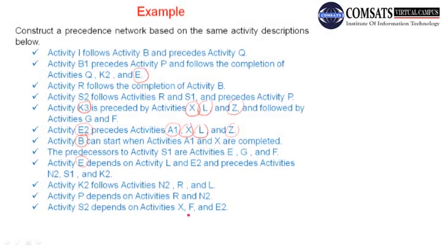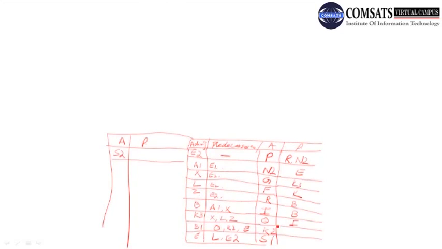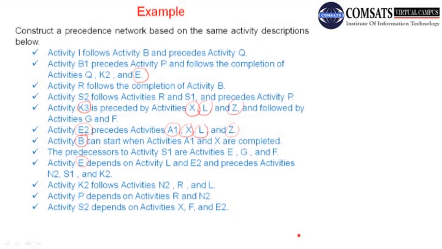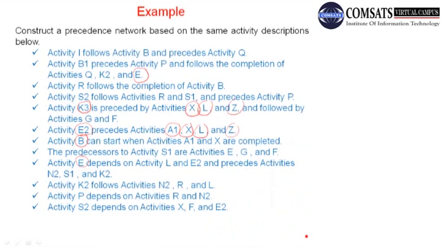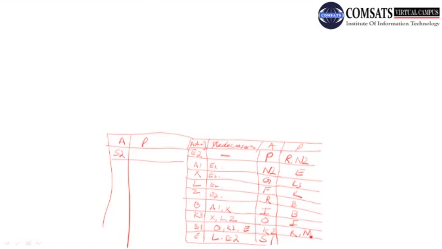K2 follows activity N2, R and L. So that has been done. So K2 depends on R, N2 and L, and S1 is dependent on F, G and E, and S2 is dependent on S1 and R.